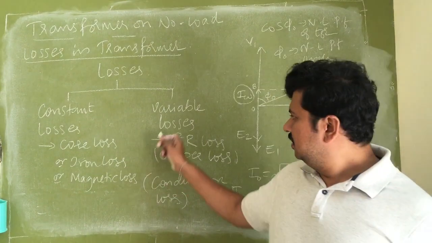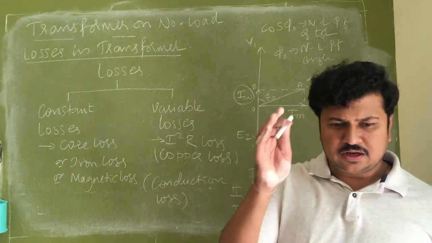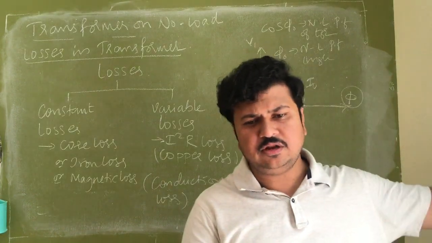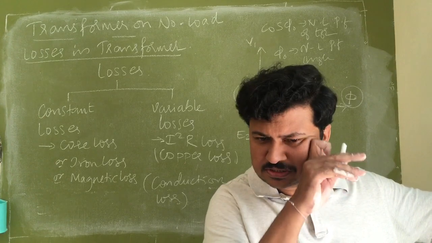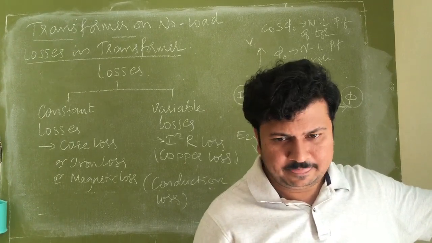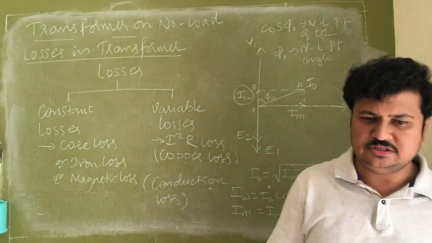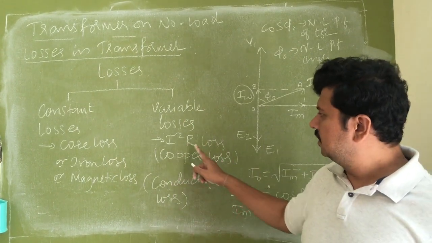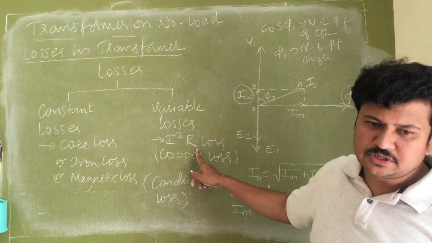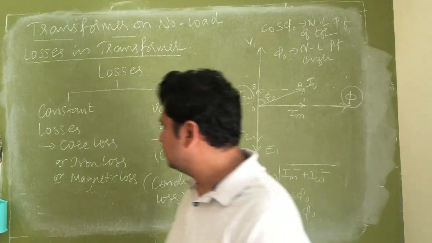Variable losses are continuously varying as the load changes, because as the load changes, current changes. So this is called iron loss, and variable loss, which is copper loss. So we will see what is copper loss.